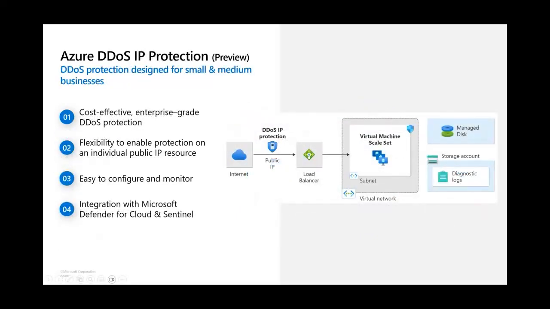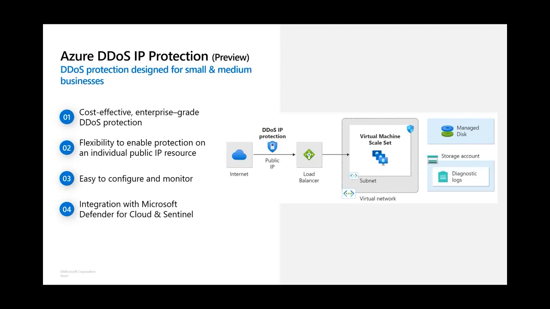Then next one is our Azure DDoS IP Protection SKU, which is currently in public preview. And it has pretty much all the same features as the network protection SKU. The difference is that we don't have the SLA guarantee and the cost protection. We don't have access to the rapid response team.